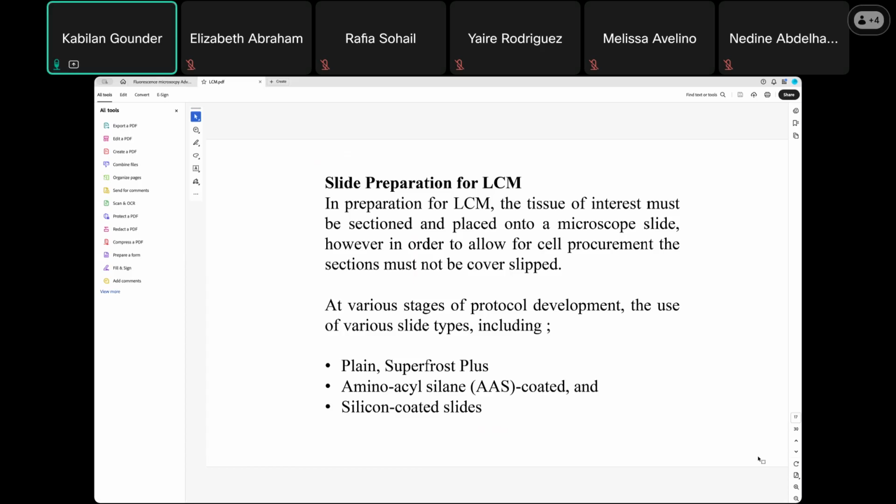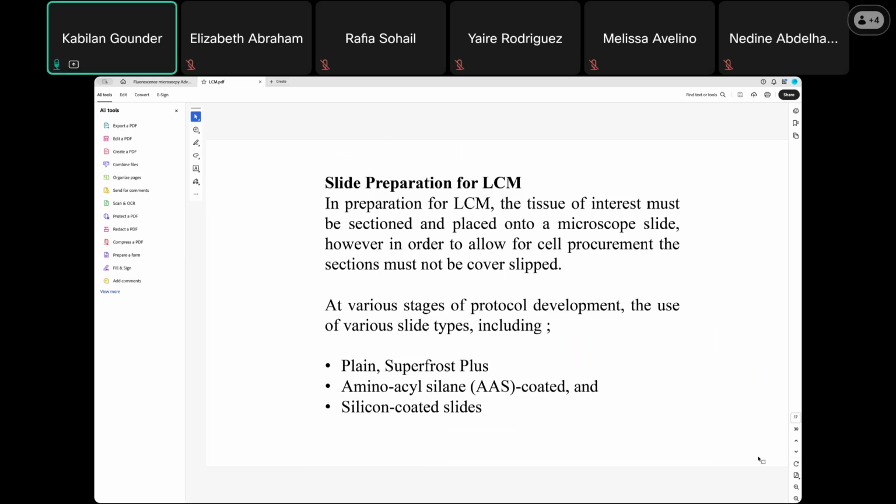At various stages of protocol development, various slide types are used. Different slide preparation and the slide quality are important. If you are taking sections using a cryomicrotome, then the Superfrost Plus slide is ideal.